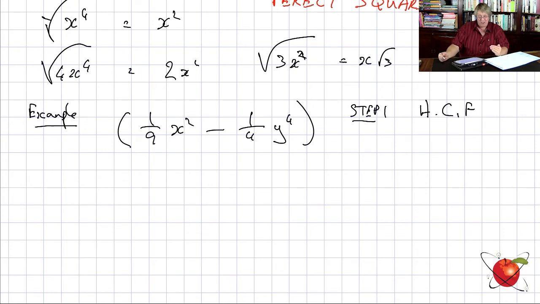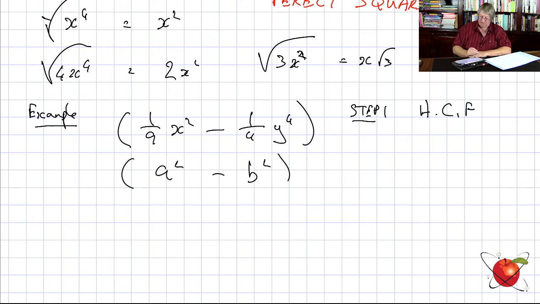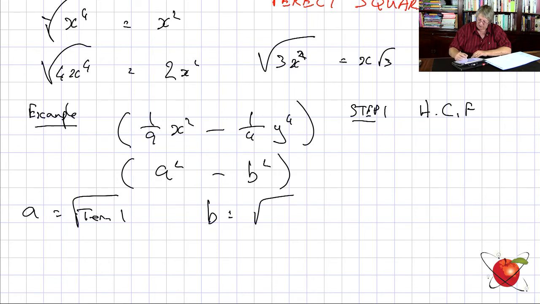So my next port of call: is it two things squared, separated with a minus? Well, there's a square and that's a 4, so it's something squared. So this looks like a squared minus b squared. A is the square root of term 1. B is the square root of term 2.